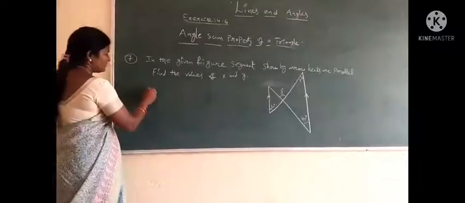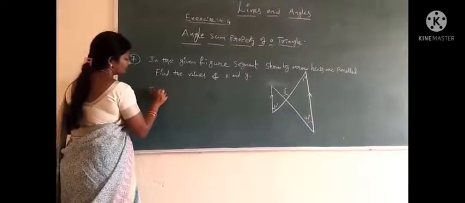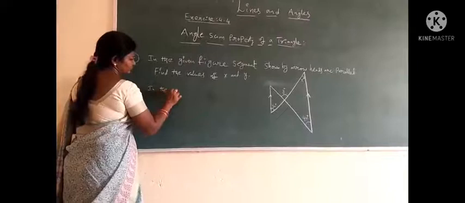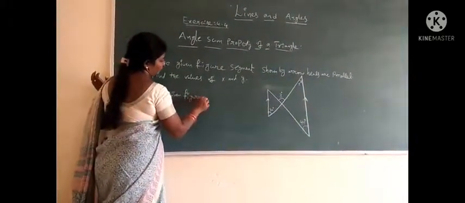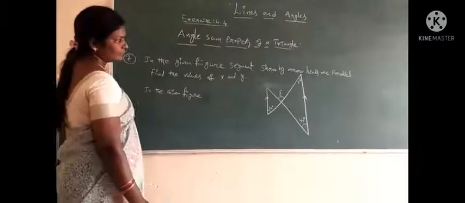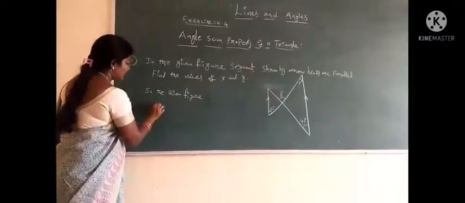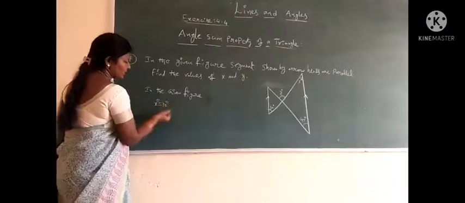So, in the given figure, x degrees is equal to 30 degrees. Why?